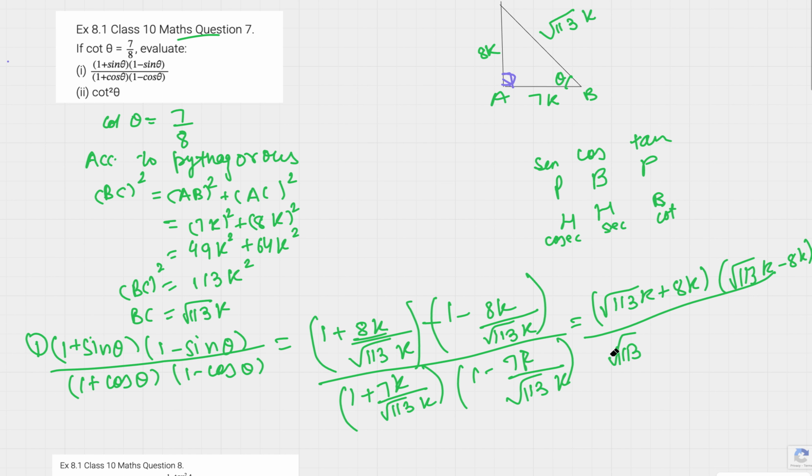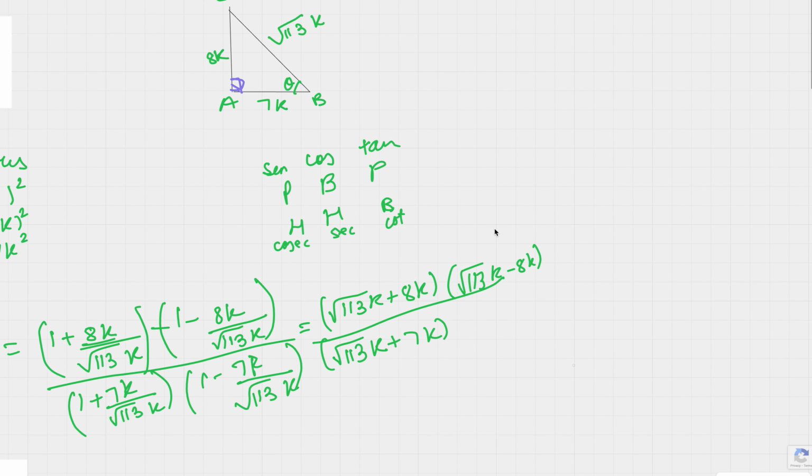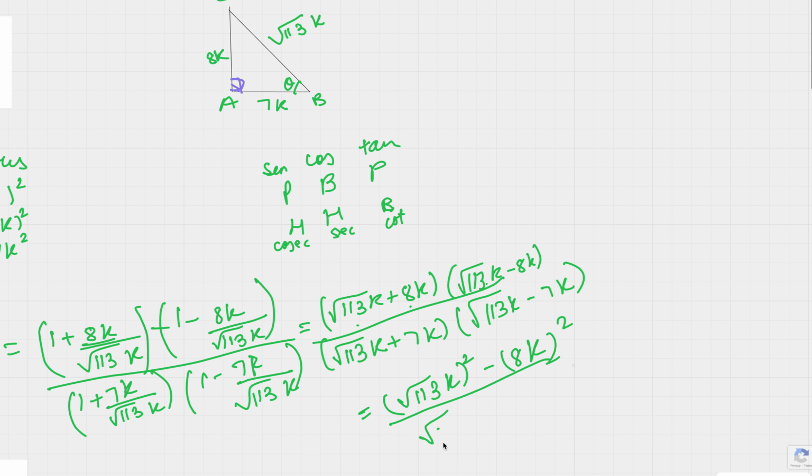Okay, let me erase this. It will become root 113K plus 7K and then root 113K minus 7K. If we solve A plus B, A minus B, which is A square minus B square, same goes in the denominator, minus 7K square.